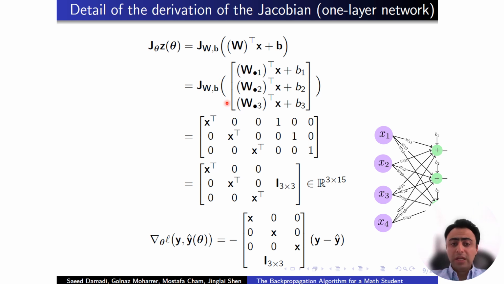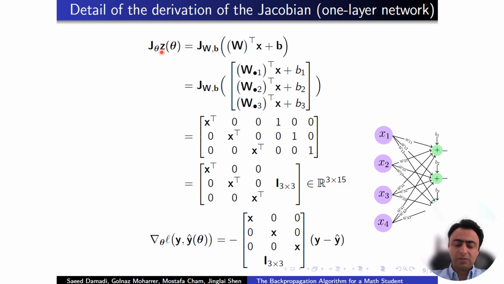Here we see the matrix is going to have 3 rows, because we have 3 outputs, and we have 15 elements for each vector on the row. 15 elements is because we have 12 W's and 3 b's, and that's why we have a matrix which is 3 by 15 as the Jacobian.